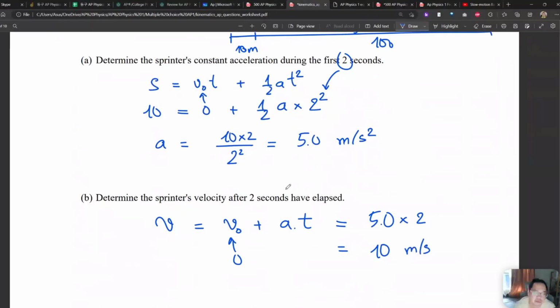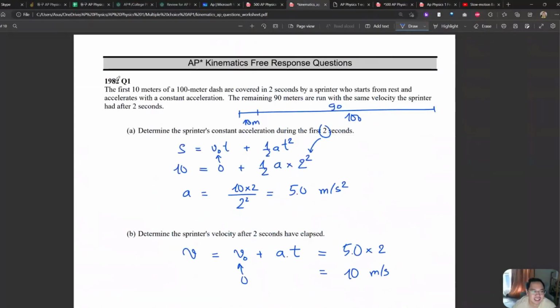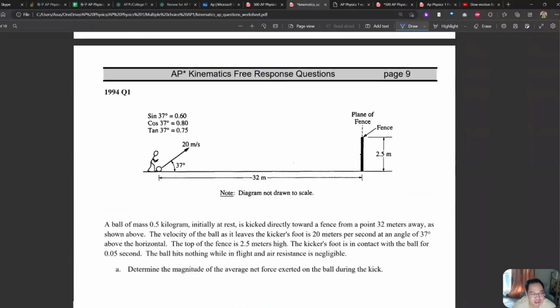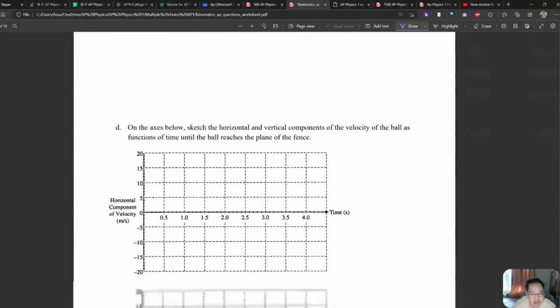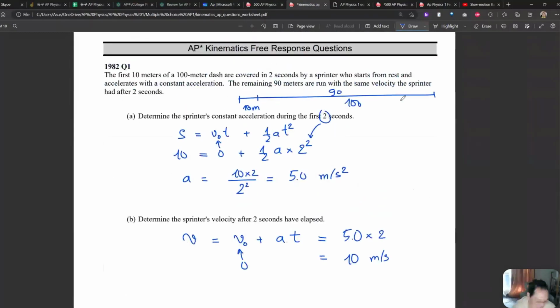Oh, this is from 1982. Let's see if we have some recent paper. 1994. It's so difficult for me to find some recent past paper, but I will keep finding that, even have to pay the money. Ask somebody to purchase the AP recent past paper.